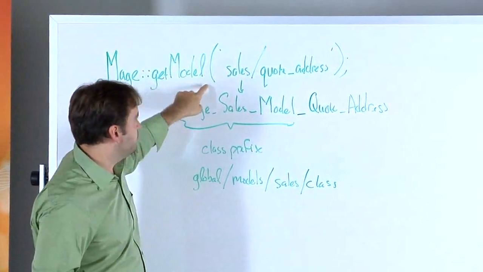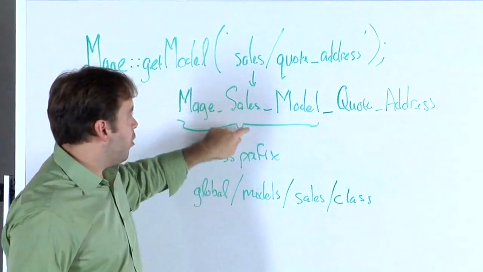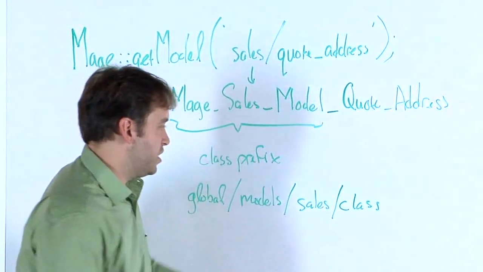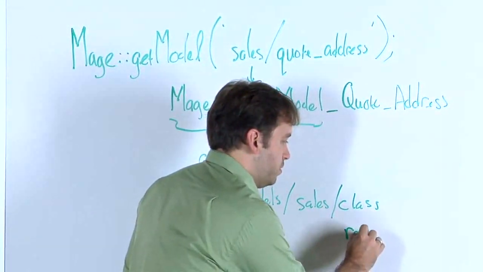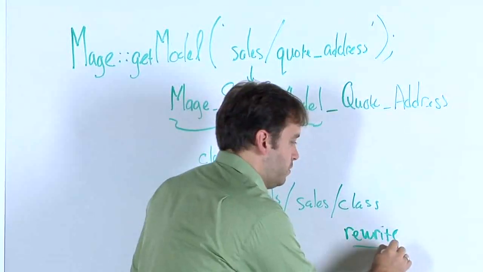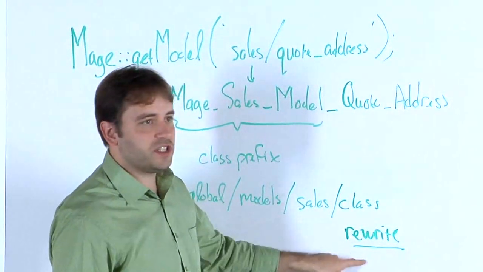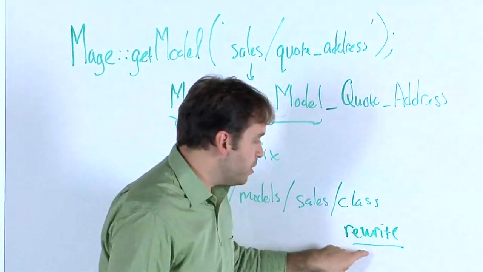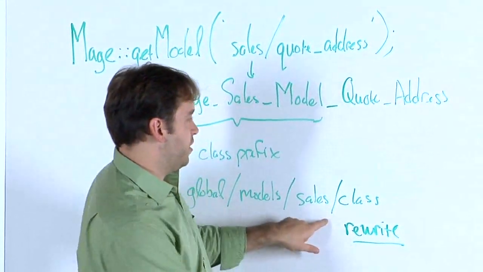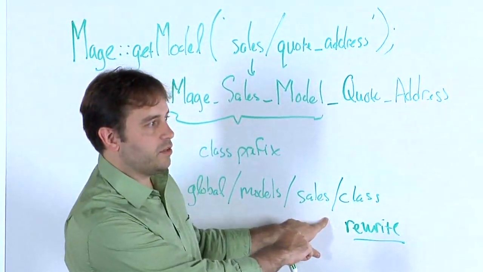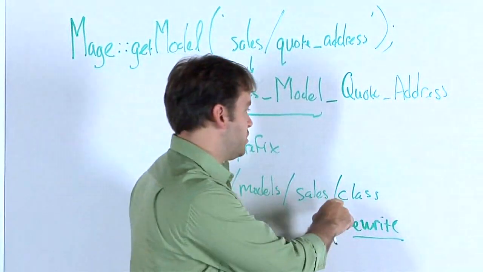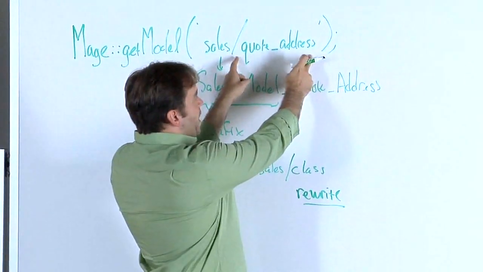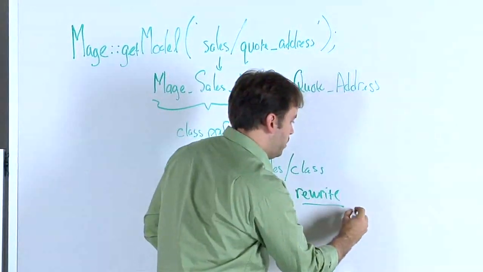We use the factory method because what happens before Magento looks in the class node is it looks to see under sales if there's a rewrite node. So these two sibling nodes, and looks at the value there. Now, under rewrite, the configuration class looks to see if there is a match here, quote underscore address.